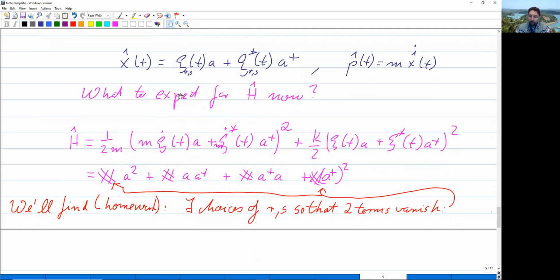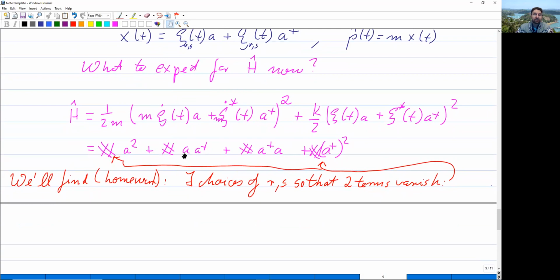And I'd like to make a comment, which is that what we can tell from this is that the choice of R and S will depend on the parameters of the harmonic oscillator.